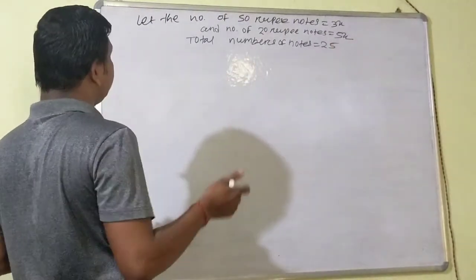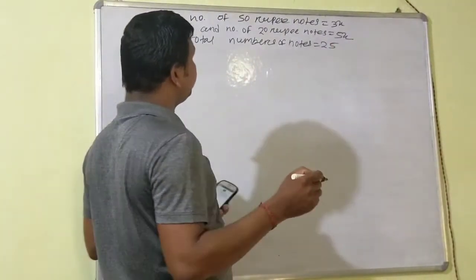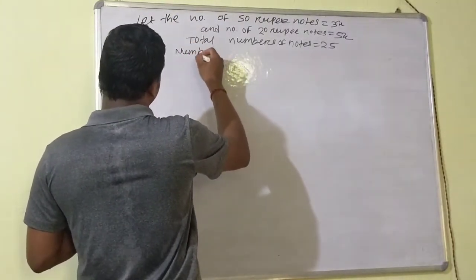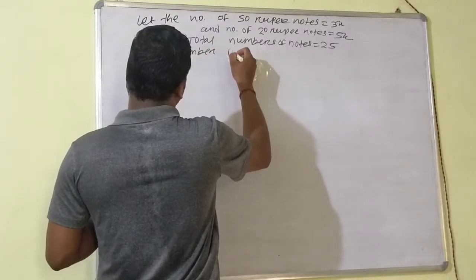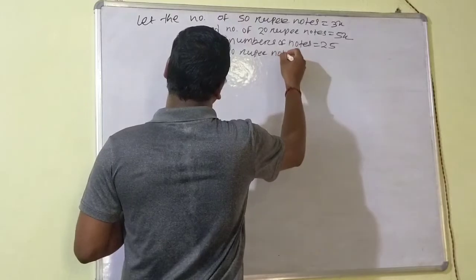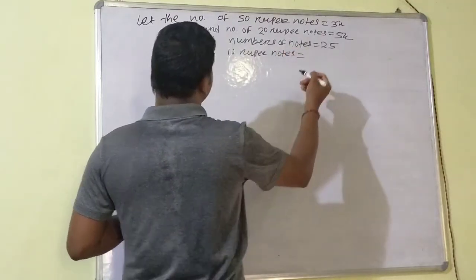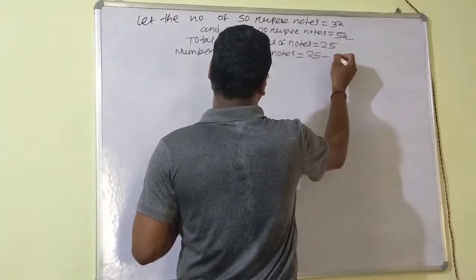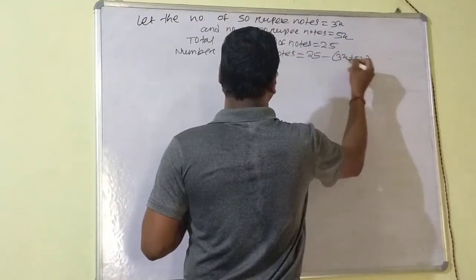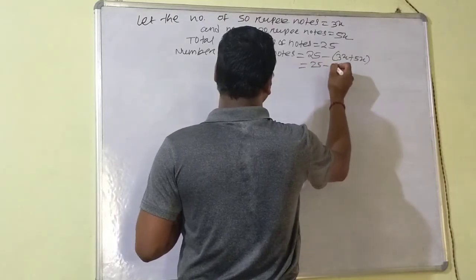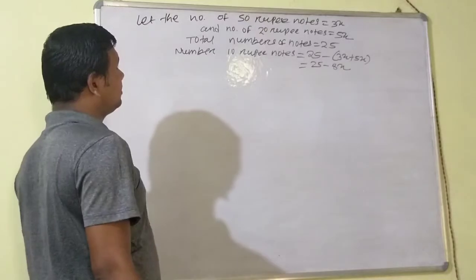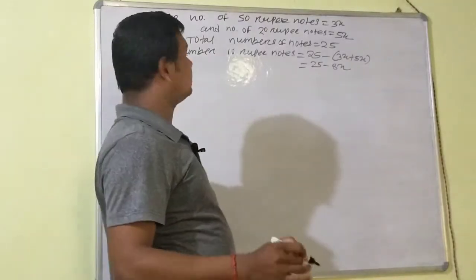So what is the number of 10 rupee notes? Number of 10 rupee notes equal to 25 minus the sum of 3x plus 5x, that is 8x. 25 minus 8x is the total number of 10 rupee notes.